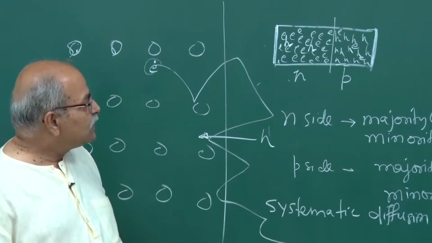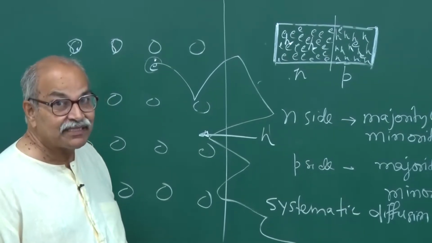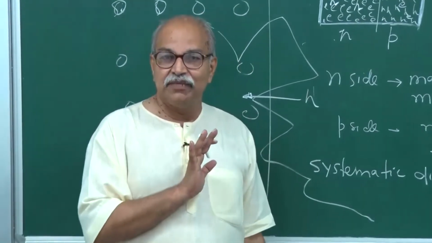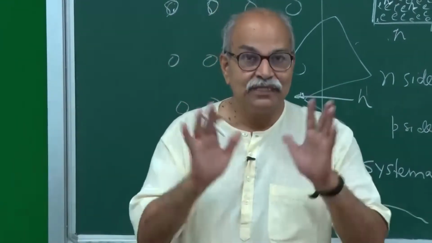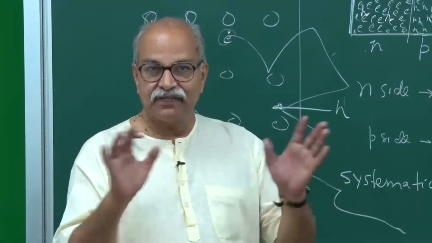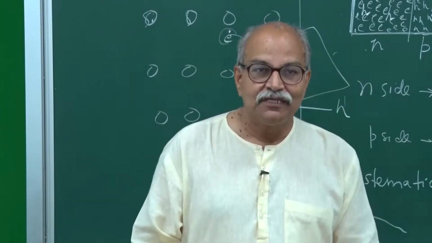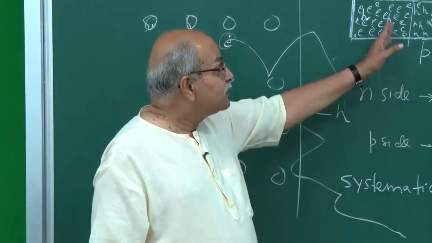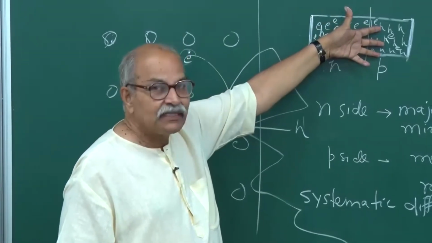Hence you will have a charge density appearing. Remember, when you dope N type or P type impurities, the charge density does not change, it remains 0 in the entire thing, because whatever you dope is neutral. The wafer is neutral, the dopant atoms that you are doping are also neutral. So, the charge density is 0, but now there is a systematic movement. Electrons going from left to right, what will they do?